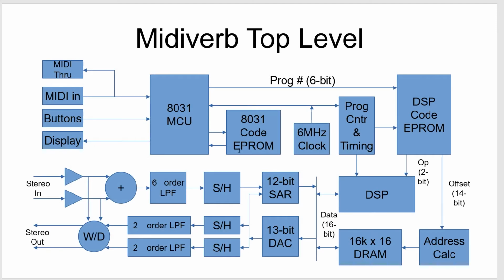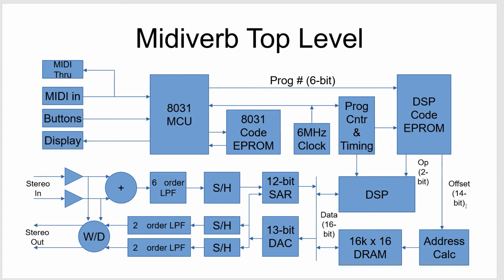Here's a block diagram of the hardware itself. Again, we went over this a little bit in the schematic. It takes MIDI in through an interrupt line on the UART and scans the buttons and the 7-segment displays. The microcontroller does not have any interaction with the DSP at all, except for giving it the top bits of the address to decode which block is in the EPROM, which is one of the 63 algorithms.